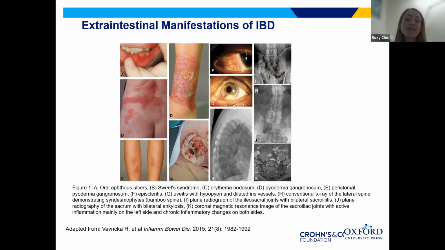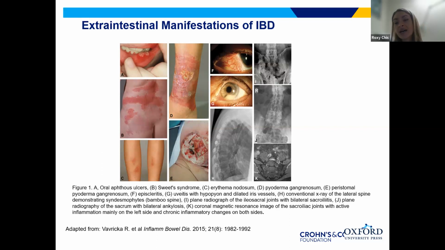They can get eye manifestations, so you can see in F and G, there's scleritis, so the white of their eyes turns red or inflamed. And then G, I believe, is uveitis, which is inflammation of the eye. And the rest of the images are pretty well showing joint disease.